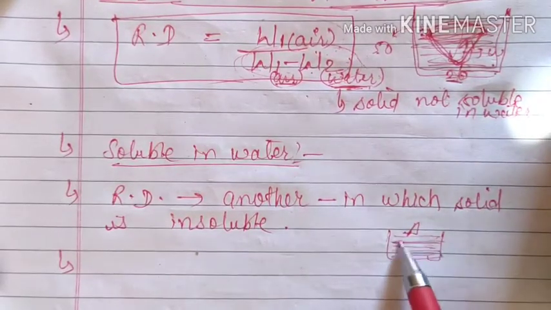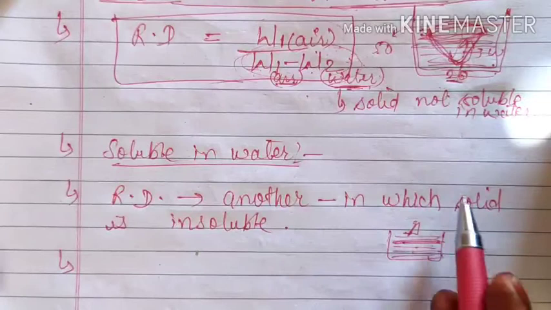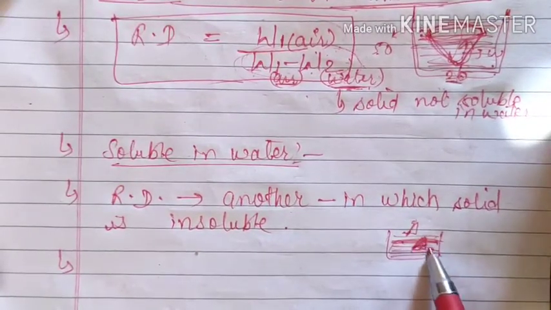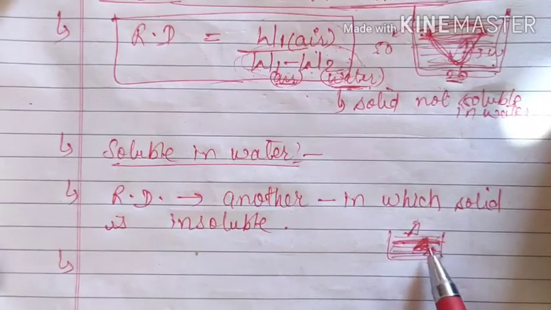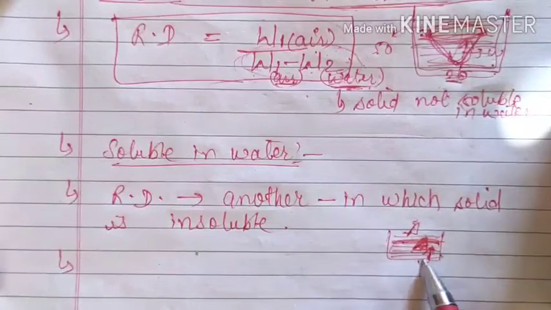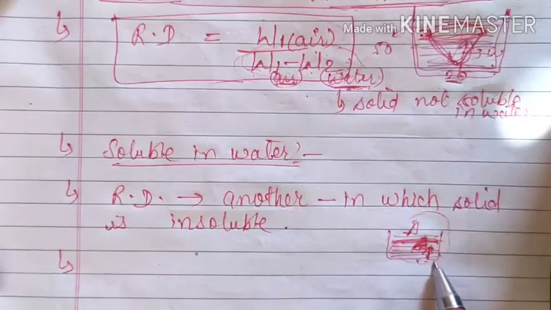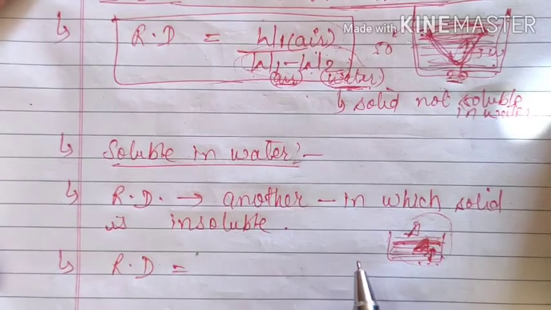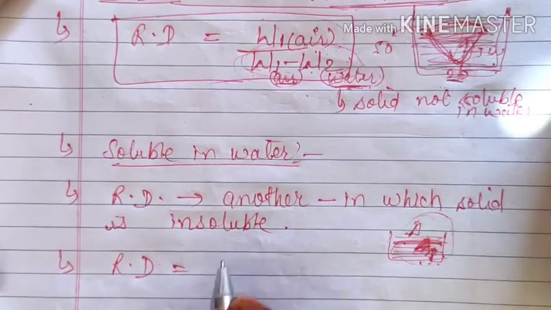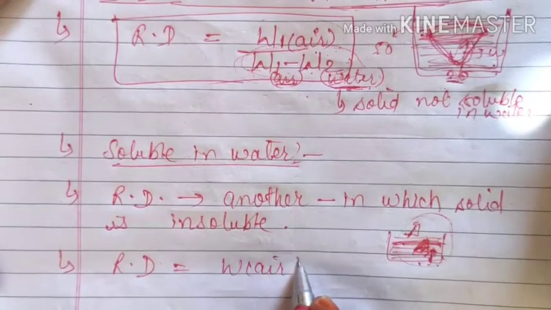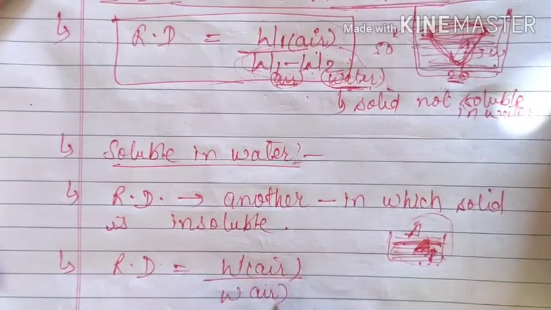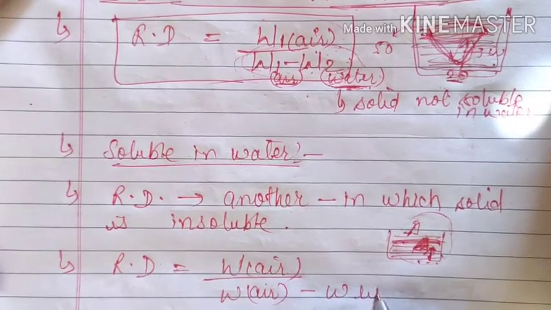So we have taken another liquid in which it's not soluble, but since it is a liquid, as soon as the body moves inside the liquid, this liquid will also exert an upthrust force. So there will be loss in its apparent weight. To calculate the relative density by this method, we will need the weight of the body in air, same as before, and the weight of the body in air minus the weight of the body in liquid.